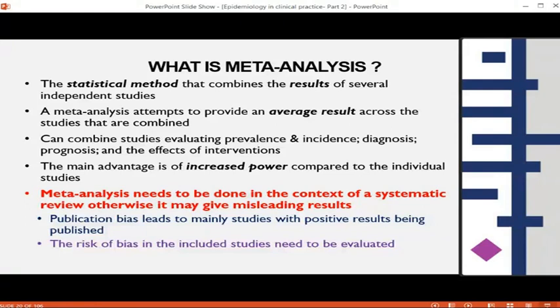The second important thing is that it is not enough to just pool the numbers. You will get a result, but you must keep in mind that those results come from trials where the methods matter. If the risk of bias in one study was pretty high, then the result of that study cannot be trusted. So if many of the studies in your meta-analysis have poor methods, then your final result cannot be trusted.